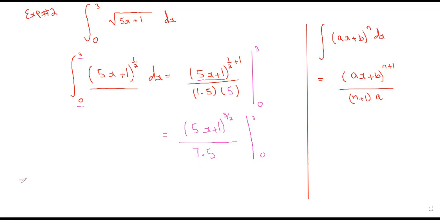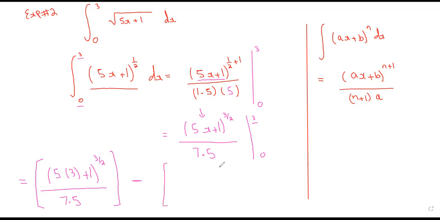Now, how do we do it? First, I'll plug in the upper limit in the function. The function is this and the upper limit is 3. So it would become 5 into 3 plus 1 to the power 3 by 2 divided by 7.5. I'll write this down in brackets. Once I'm done with the upper limit, I'll put a negative sign.